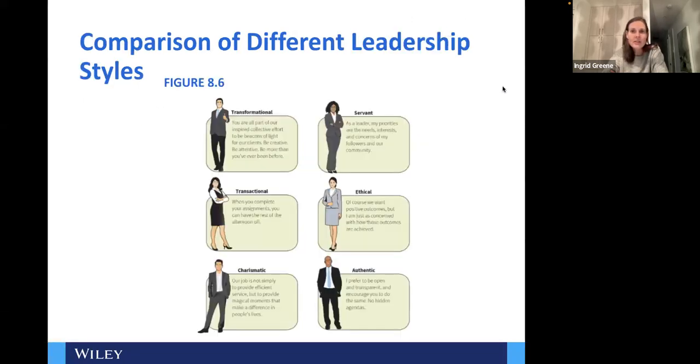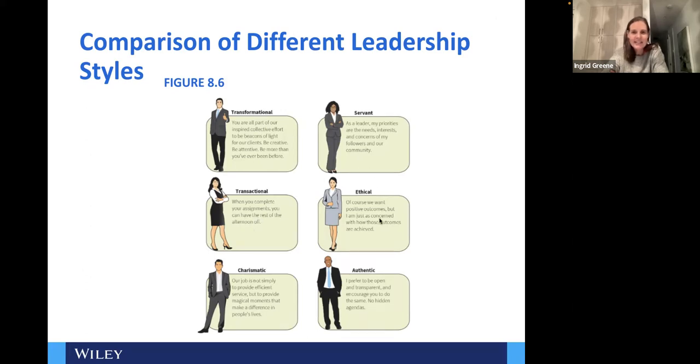So here are the comparisons of the different leadership styles, right? Transformational: you're part of an inspired collective effort to be beacons of light for our clients, be creative, be attentive, be more than you've ever been before. Servant leader: I'm most concerned with my followers and my community. Transactional: when you complete your assignments, you can have the rest of the afternoon off.